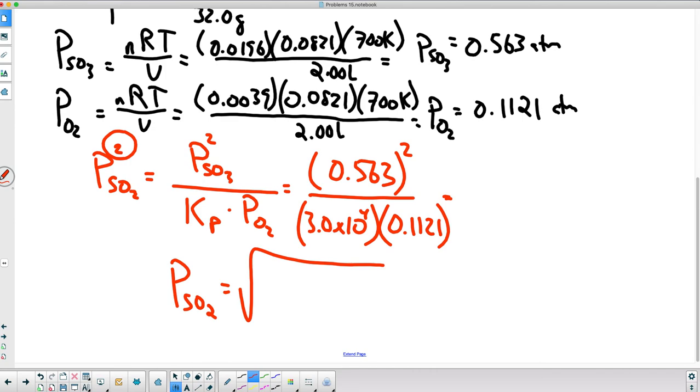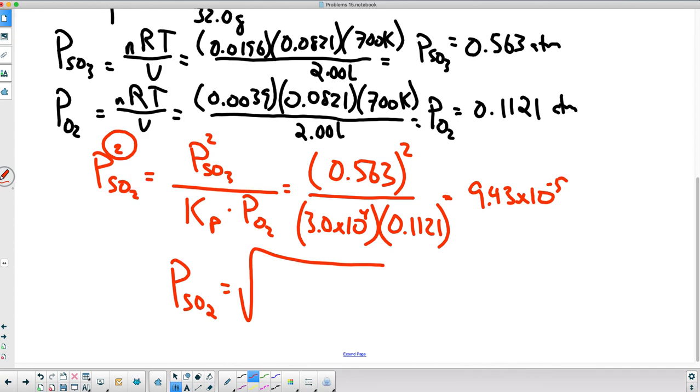I'm going to turn it to the side and hit squared, and then divided by 30,000, and then divided again by 0.1121, and that equals 9.43 times 10 to the negative 5th. Let me put this down here and write that down.